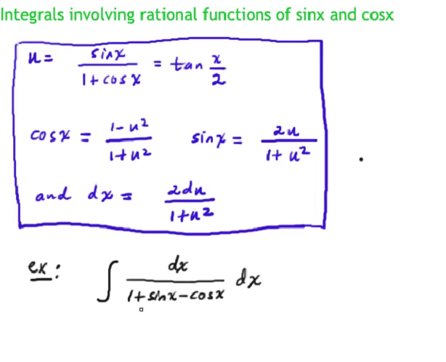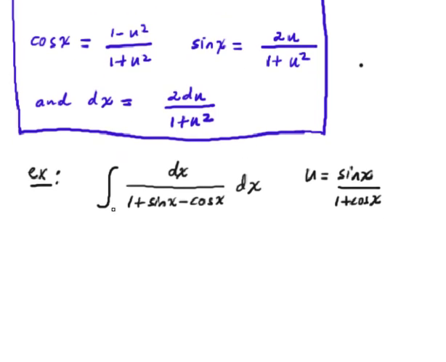Alright, so we're going to do the substitution u is equal to sine x over 1 plus cos x. Alright, so this is what cosine x is equal to, and this is what sine x is equal to, so let's substitute. For sine x, we'll put 2u over 1 plus u squared.